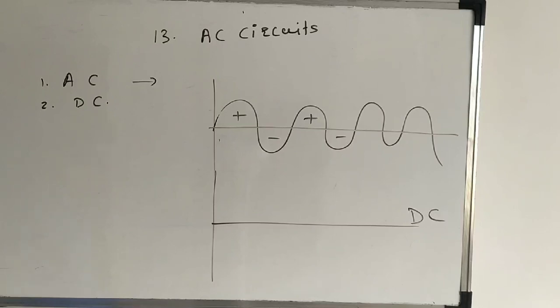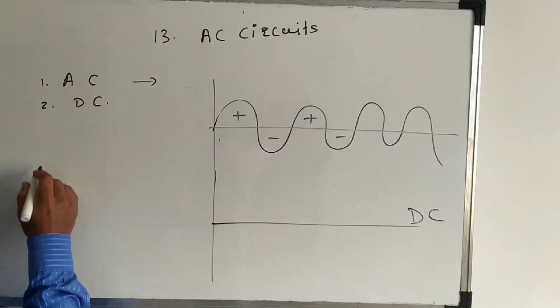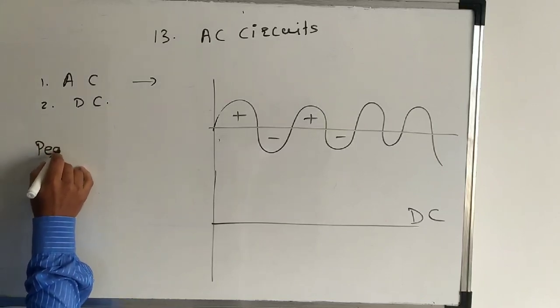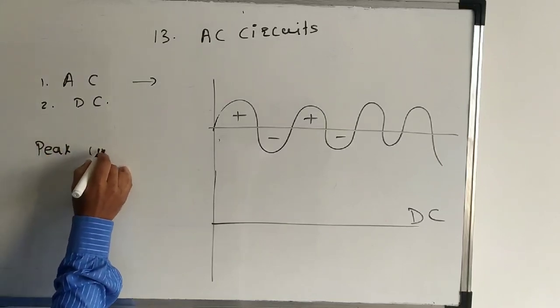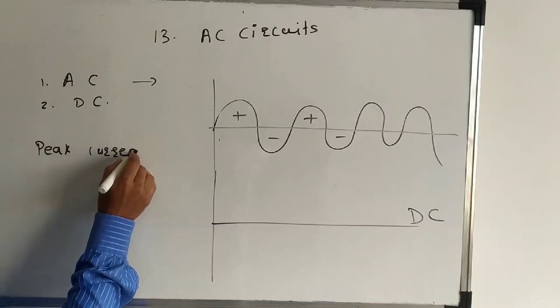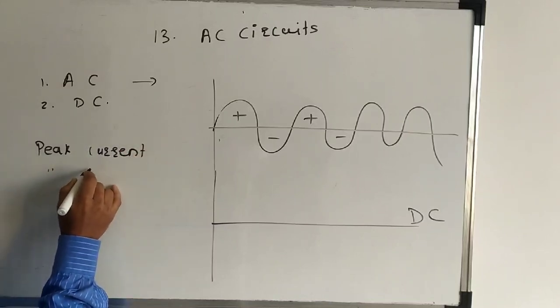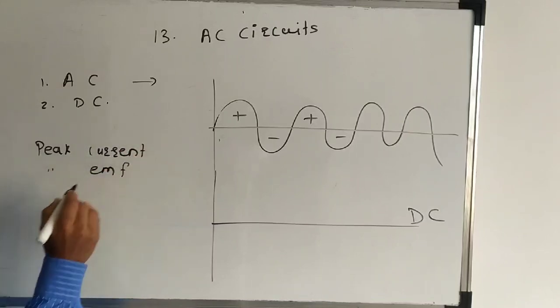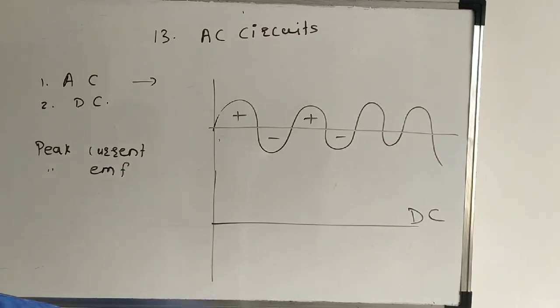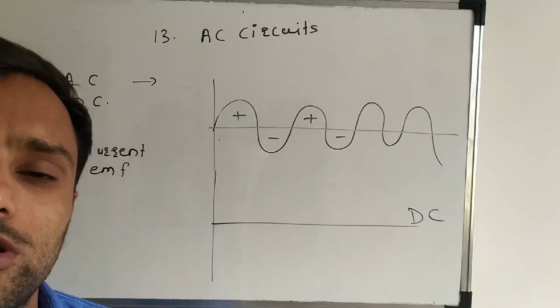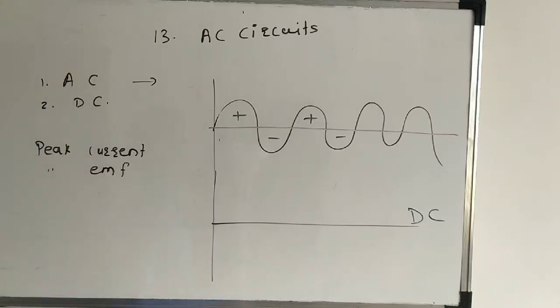In that, first we consider the peak value of EMF and peak value of current. What is peak value? The maximum value of the alternating EMF or current is the peak value of the EMF.